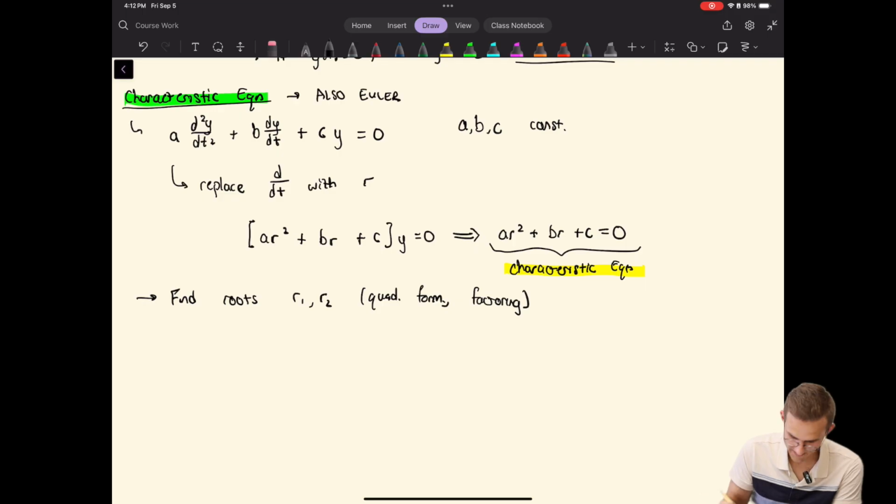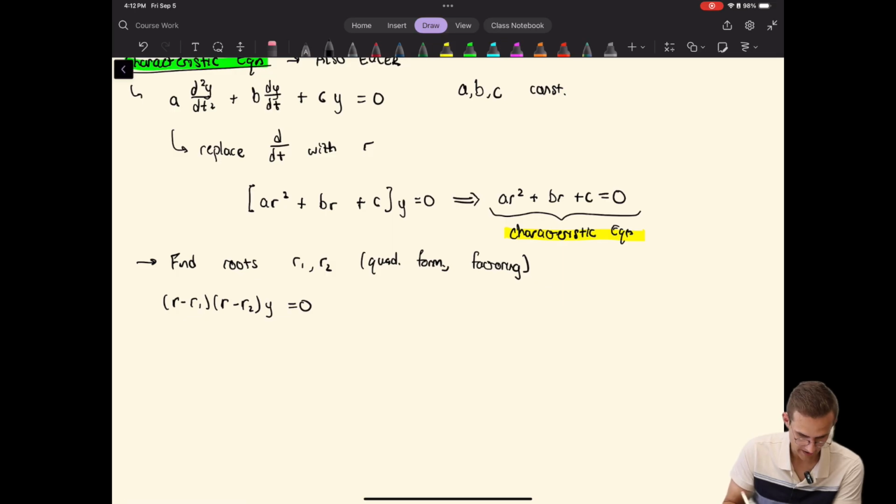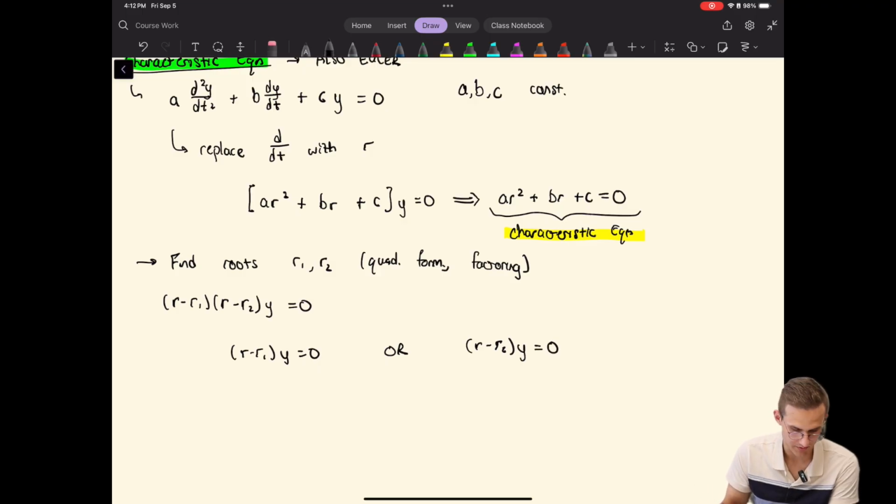Then you end up with the following: (r minus r1)(r minus r2) y is equal to 0. So this equation is satisfied if you have (r minus r1) y is equal to 0, or (r minus r2) y is equal to 0. Both of these scenarios would satisfy the overall equation.